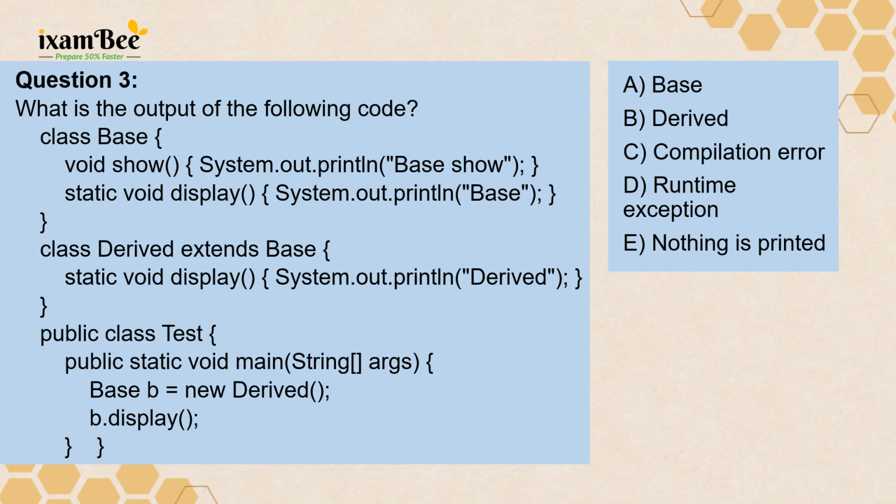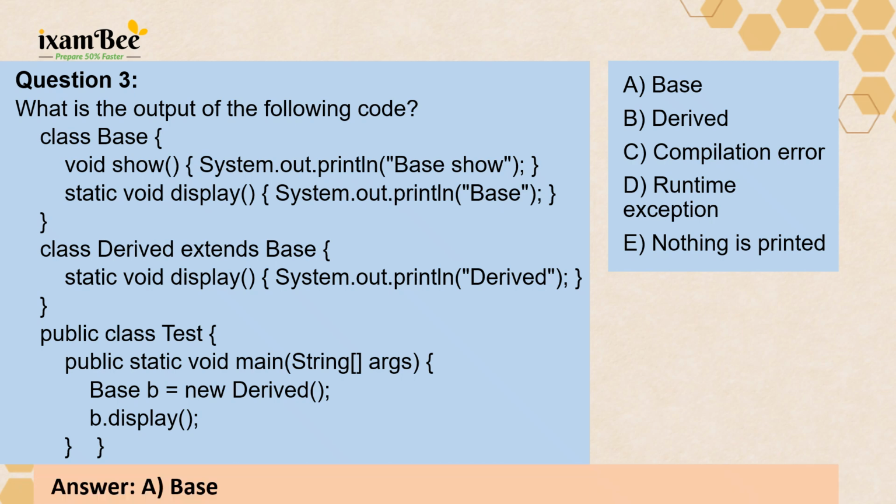Have a look at this code now. Here you have a class base which has a method show and a static void display method. In the class derived which extends base, a static void display function is given. In the main function, base B is made and it is instantiated to the derived constructor. Then we are calling b.display. So we are supposed to give the output. Here the answer is A, base.